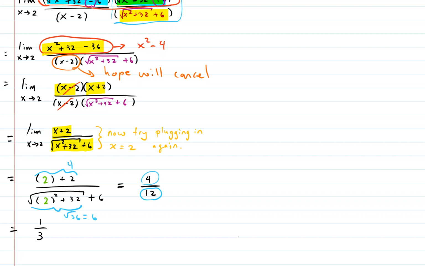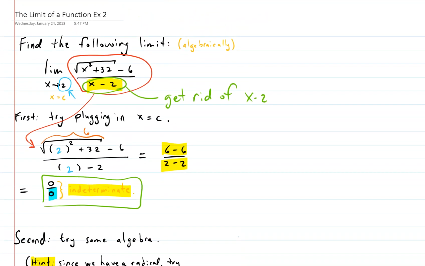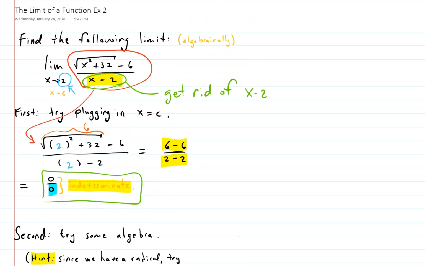Then our final step: 4 over 12 can be simplified to 1/3. So this limit, the limit of the square root of x squared plus 32 minus 6 all over x minus 2 as x approaches 2, is actually equal to 1/3.